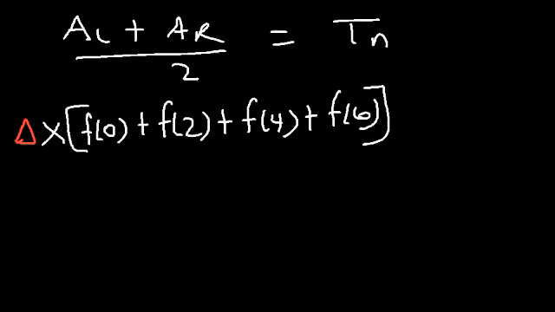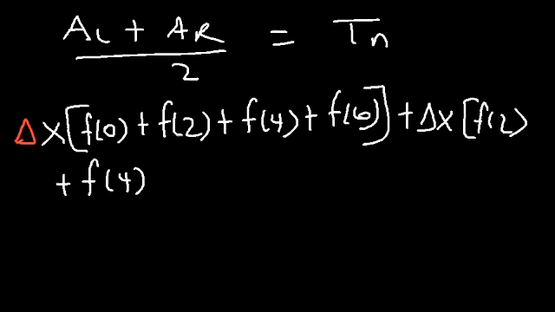And the right Riemann sum was equal to delta x times f of 2 plus f of 4 plus f of 6 plus f of 8. And all of this is divided by 2, but we'll divide it by 2 later.